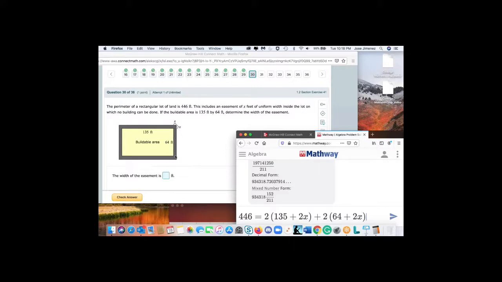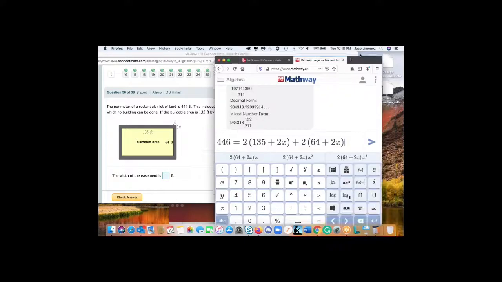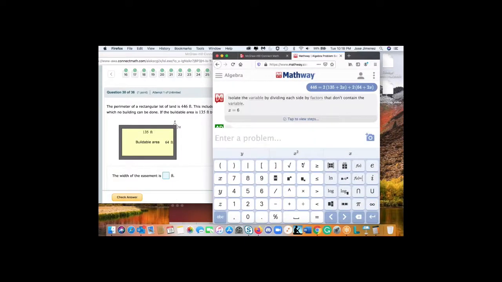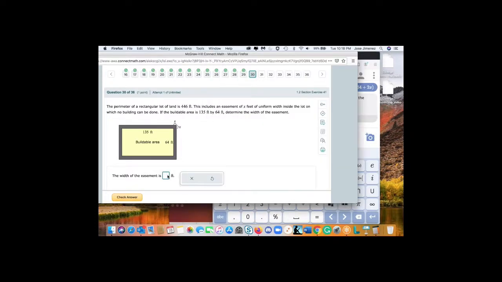It's a small section here around the building. So we say enter, and we find x is equal to 6. And that's the easy way to do it.